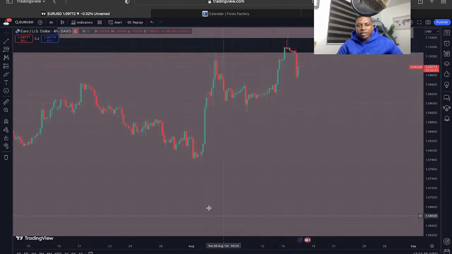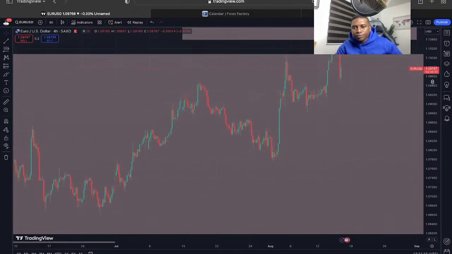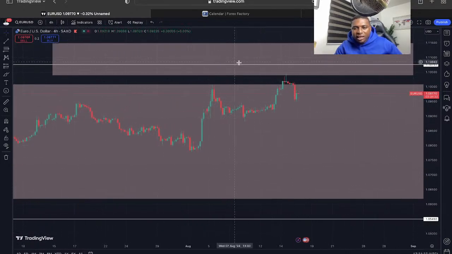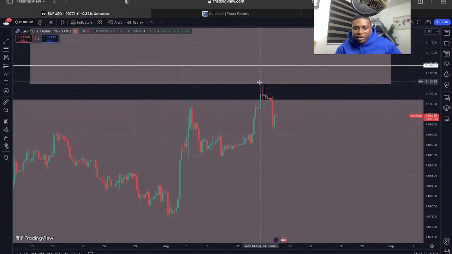Now this is the 4 hours time frame. On the 4 hours time frame, you can see this bearish hammer here.